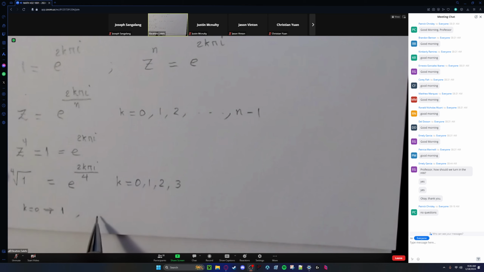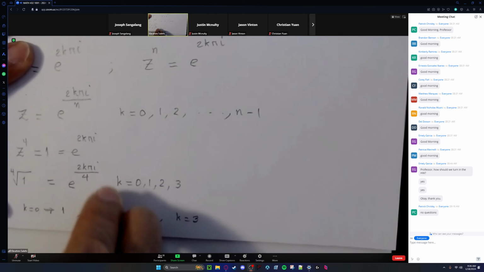With k equal 2, you get e to the pi i, which is -1. Oh, I forgot 1.